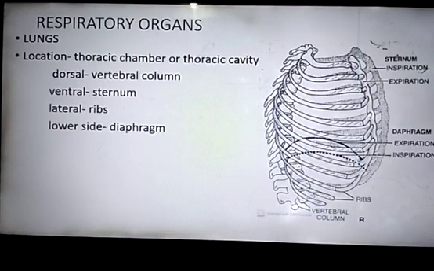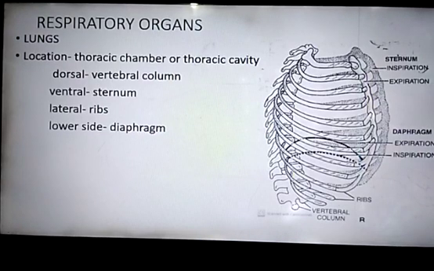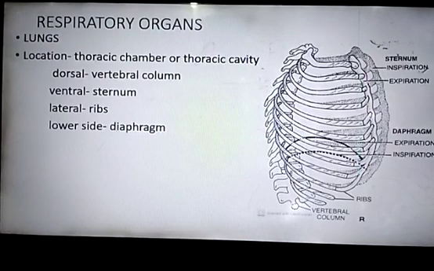The thoracic cavity or thoracic chamber is anatomically an airtight chamber. How? The thoracic chamber is formed dorsally. Your back, where you can feel your backbone, is known as your dorsal side, and your front, where your head is present, is known as the ventral side.